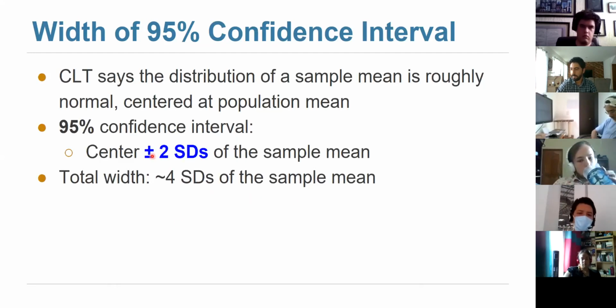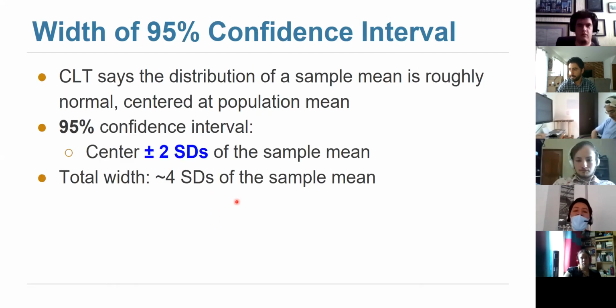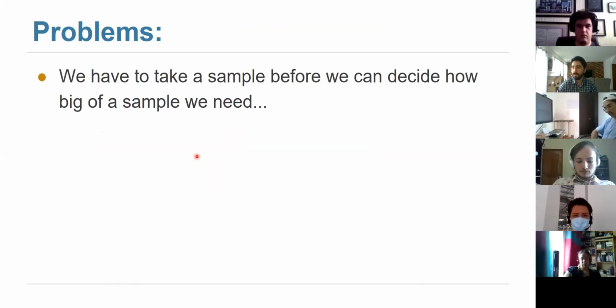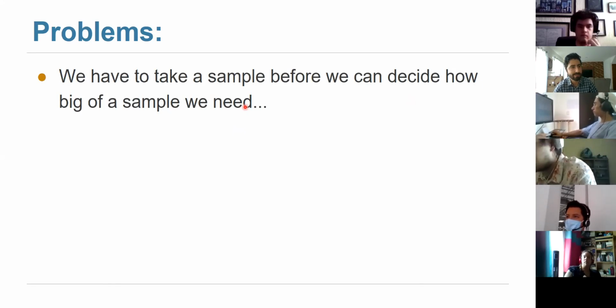So I'm missing something here. What we did with that San Francisco public workers example was we had to take a sample before we could decide how big of a sample we needed. But that's not something we can really do in the real world. You don't always have the leverage to go take 500 samples, come back to your study and say, oh, now I know I need 2,000 samples, I'm going out to do another 2,000.